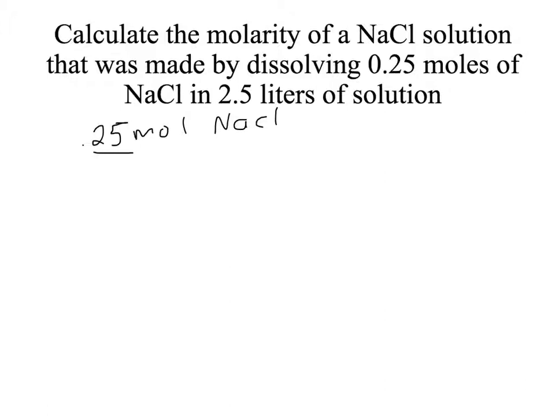We are going to divide that by our 2.5 liters. Let's see what that equals out to. So that ends up equaling 0.1 molar sodium chloride solution. So you can see, all you do to find your molarity is take your moles and divide it by your volume. Then we end up with our molarity.